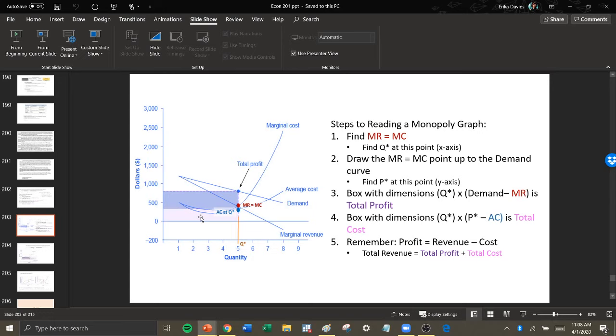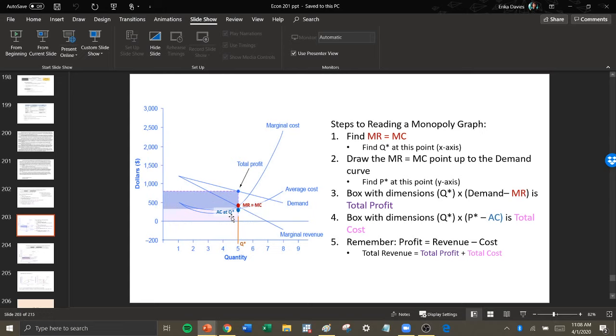Okay. So profit is revenue minus cost. So our total revenue is going to be our total profit minus our total cost. That should be a plus. Or, sorry. Okay, total revenue is total profit plus total cost. So these two squares together are our total revenue, right?